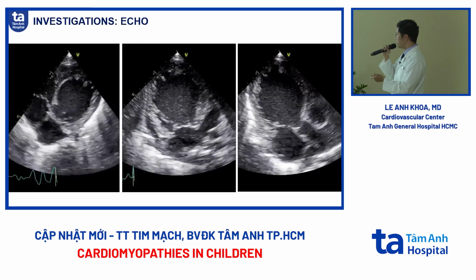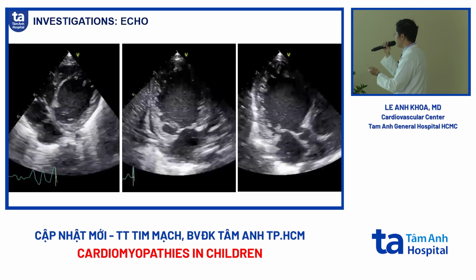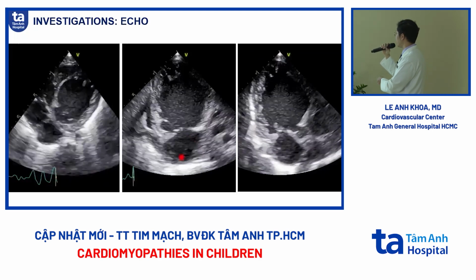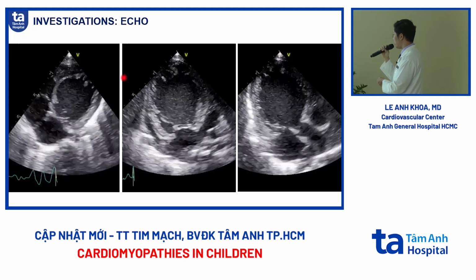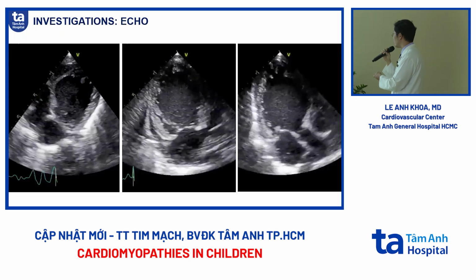Here is, respectively, the apical 4-chamber view, the apical 2-chamber view, and the apical 3-chamber view, with severely reduced systolic function and very dilated left ventricle.